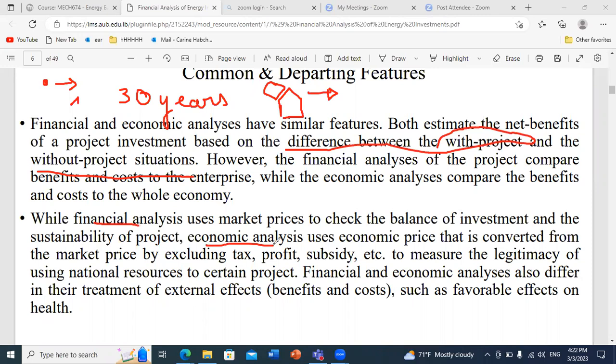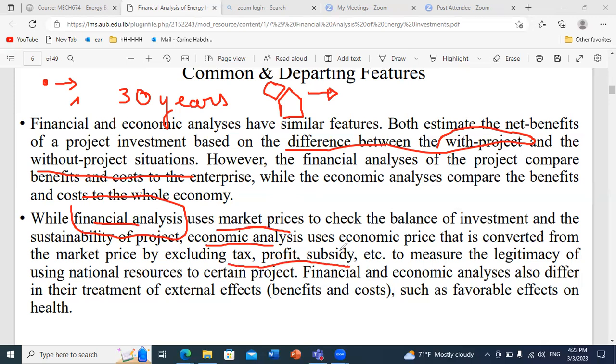Yani, if you are an investor, you have to pay the country's taxes, profits, etc. While if the country is implementing a certain project, it will not have to pay taxes or profit or subsidy, etc. That's why whenever you make a financial analysis, yani you have a certain private investment, you should use market prices, which will take into account all of these factors as taxes, profit, and subsidies that you should pay to the public sector.